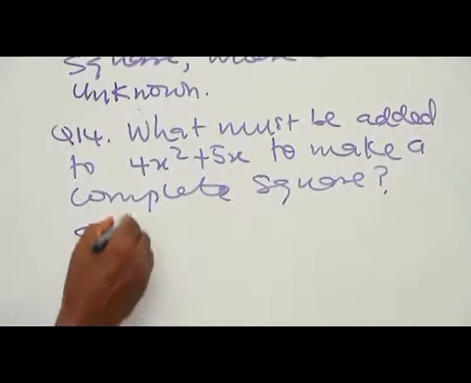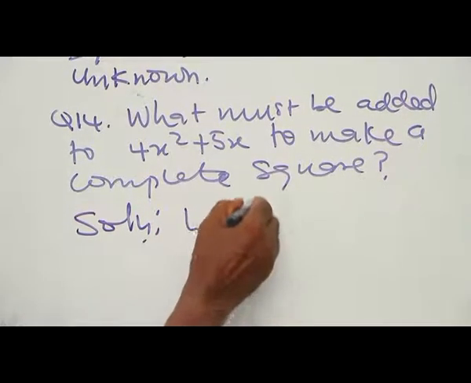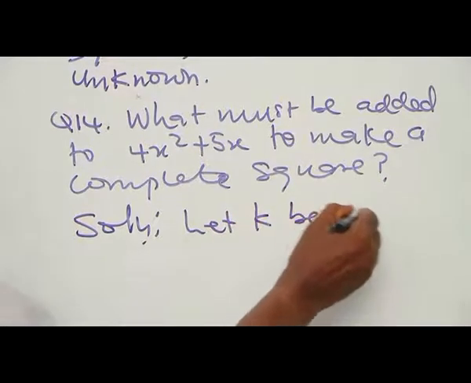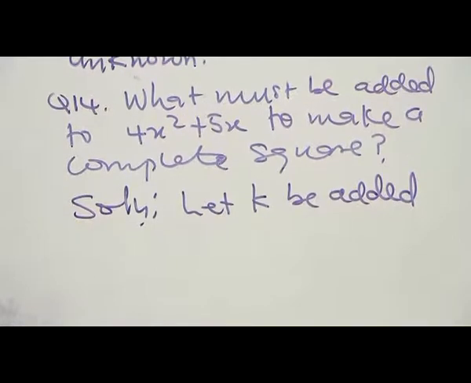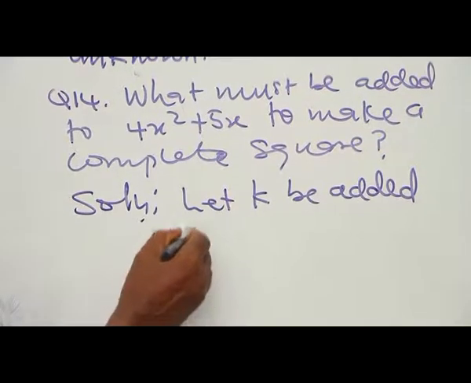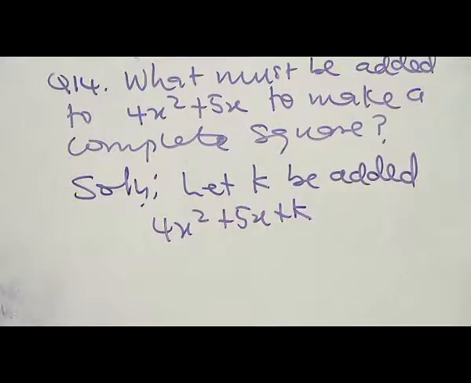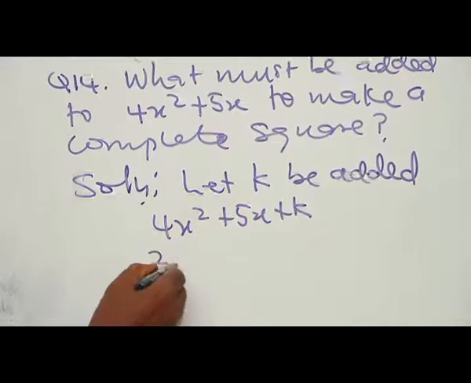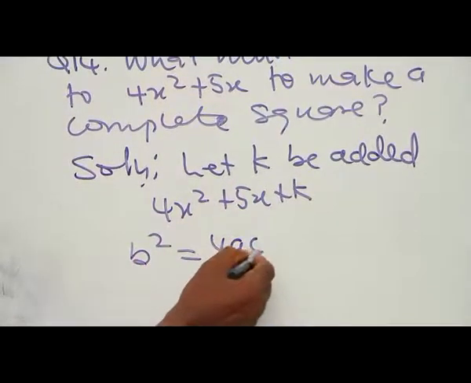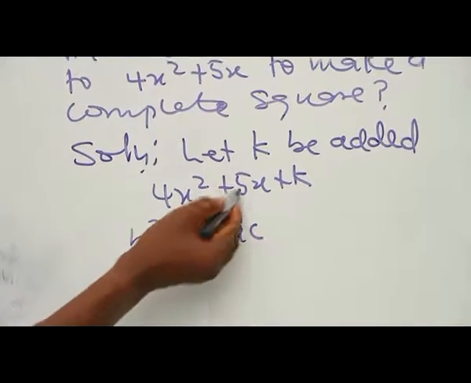So our solution, we will now say let k be what will be added to make it a complete square. So I can have my 4s squared plus 5s plus my k. I now want to find my k. I will now use my b squared equal to 4ac. Our b here is your 5.